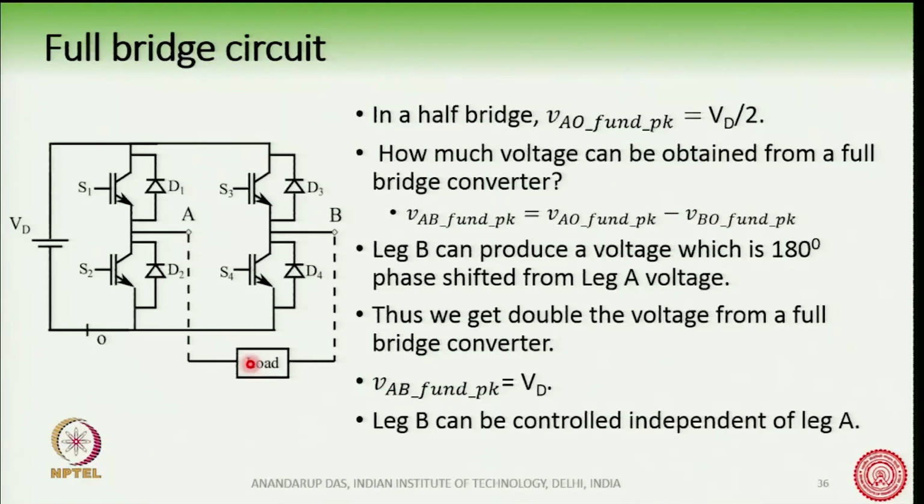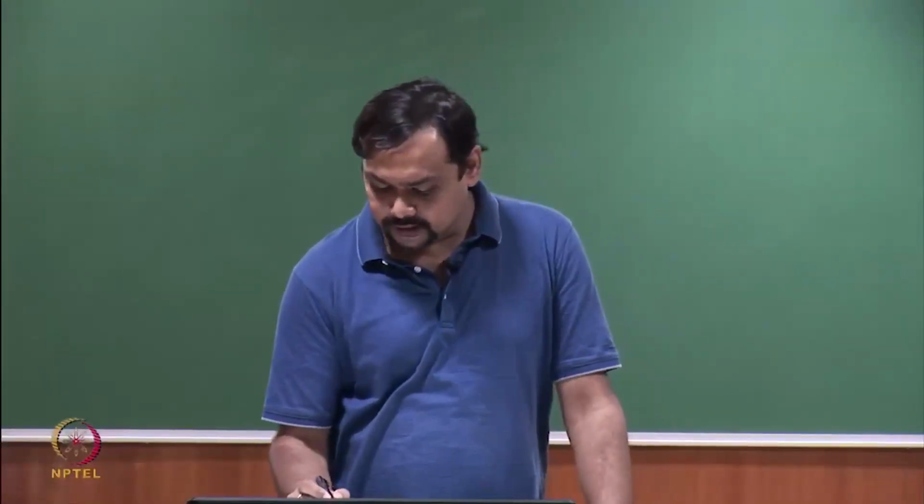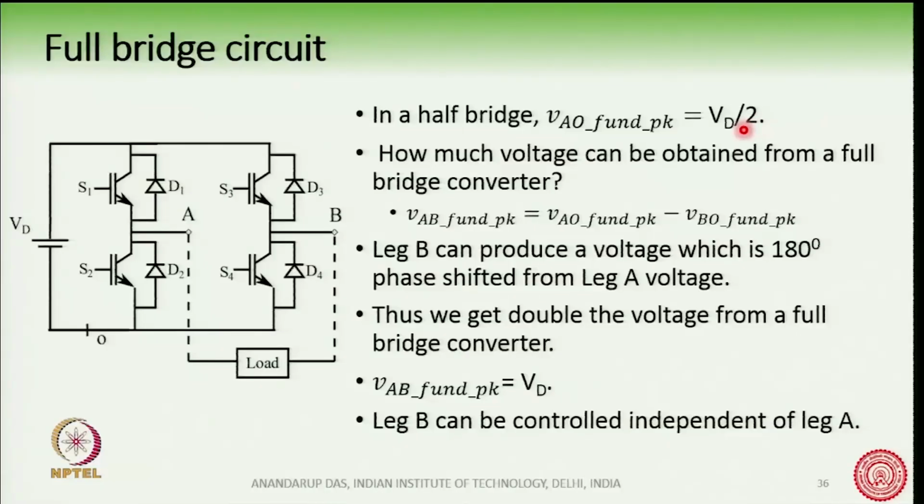From one half bridge, for example from leg A, I can obtain the peak fundamental voltage as Vd by 2 if I use sine PWM. Now, how much voltage can be obtained from the full bridge? This voltage which is applied across the load, we can term as VAB.